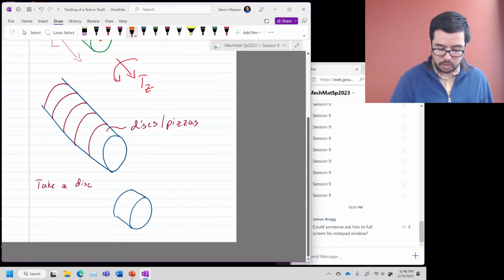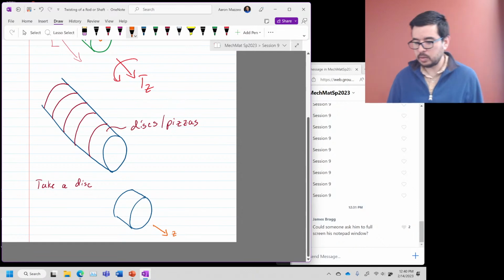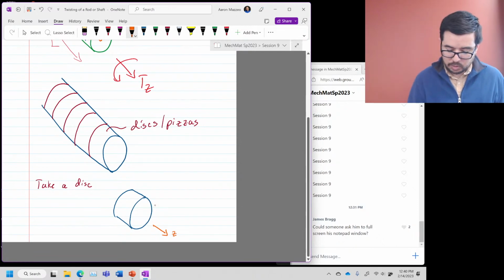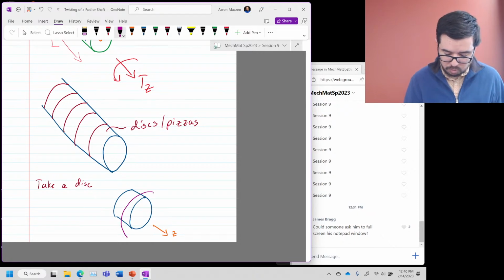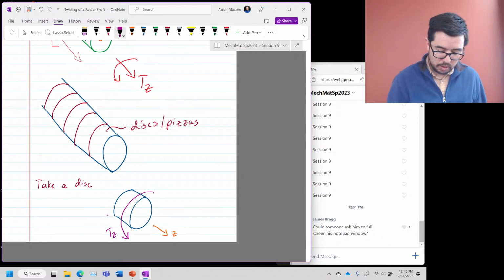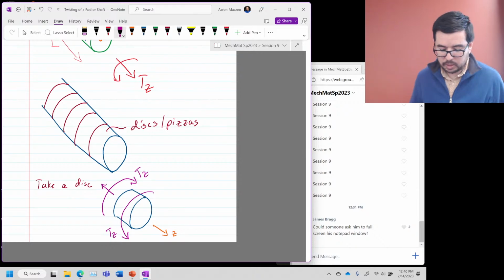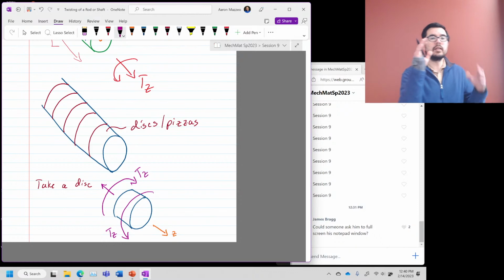And we have our torque coming out like so. Or we'll say that's the positive z direction. And then we have a torque, following the right-hand rule on this side, we'll call that Tz. And then that means there has to be another torque going the opposite direction, that's equal, Tz, like that. So that's just on one disk.